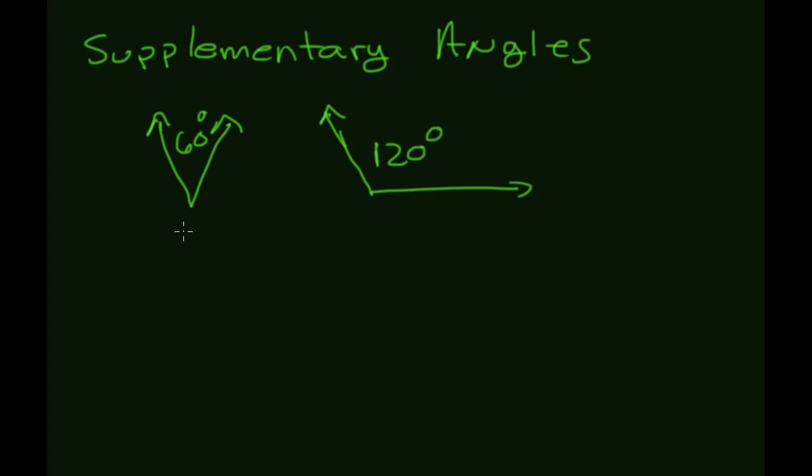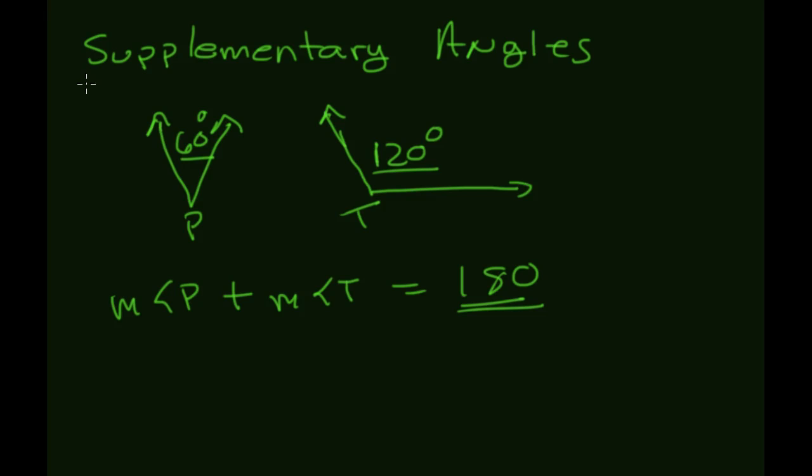Let's call this angle P, let's call that angle T, and if the measure of angle P plus the measure of angle T is equal to 180, 60 and 120 adds up to 180, then I say these are supplementary.